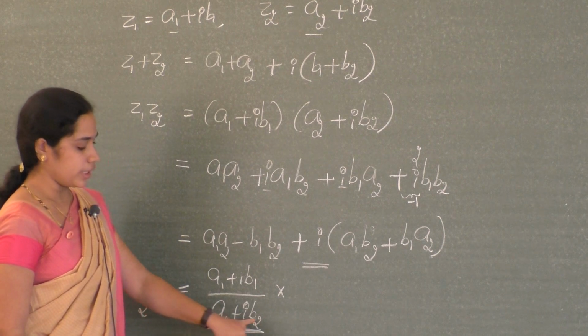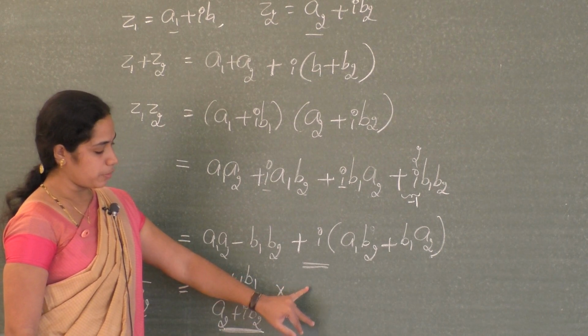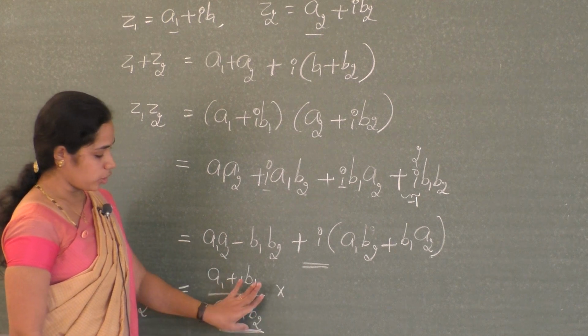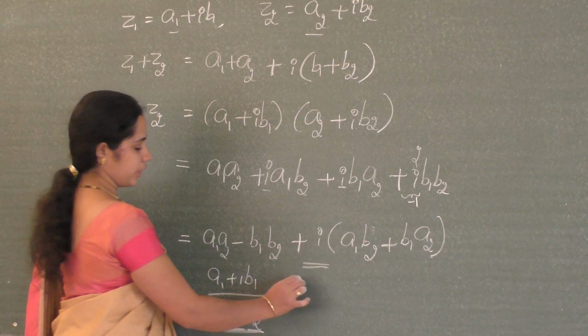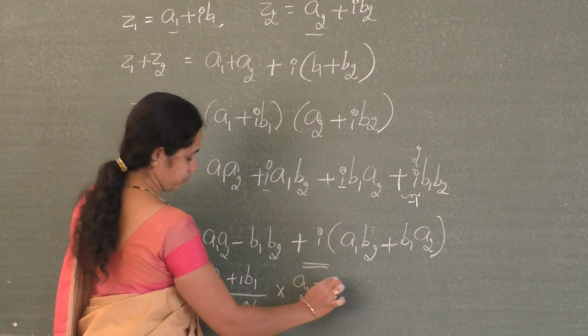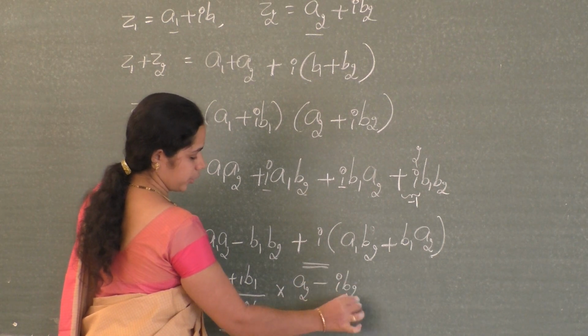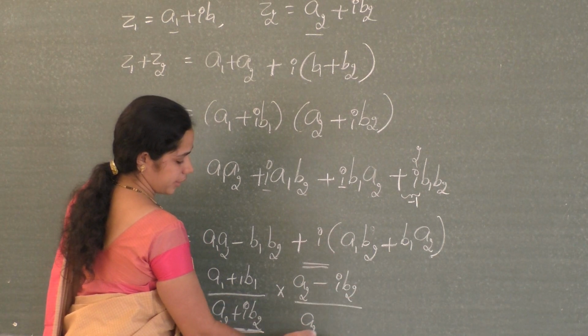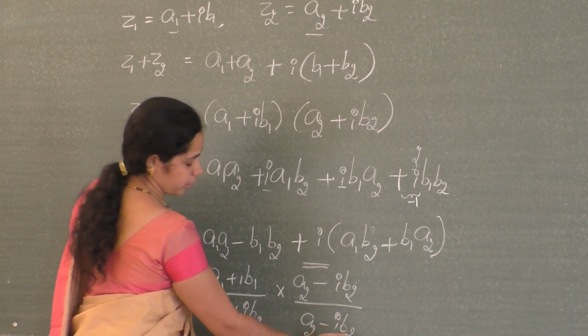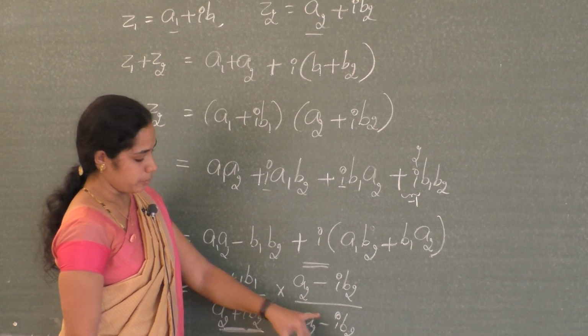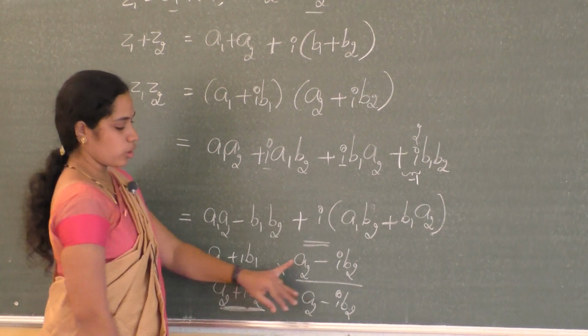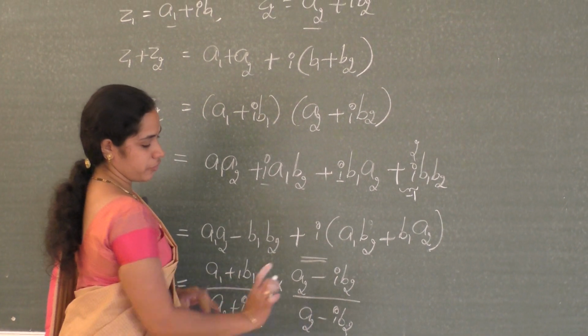The denominator is a2 plus ib2, and its conjugate is a2 minus ib2. We have to multiply and divide by a2 minus ib2 divided by a2 minus ib2. Then we have to simplify here.